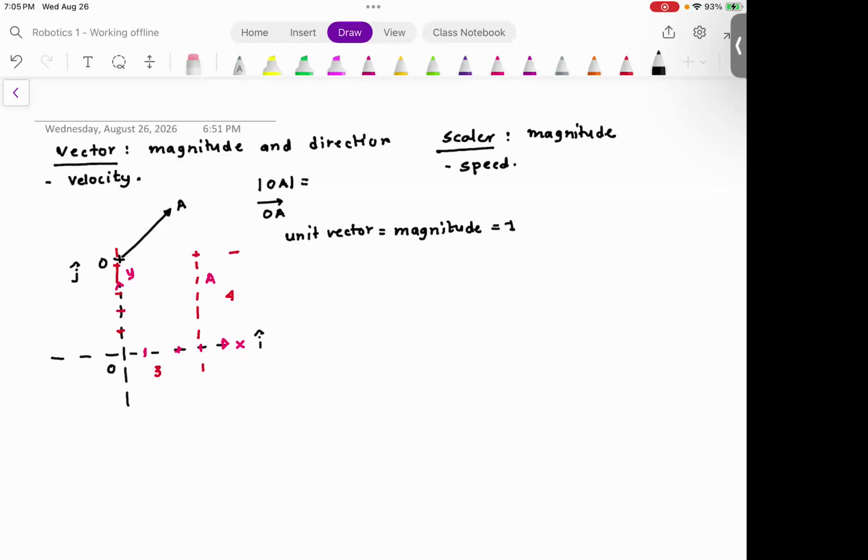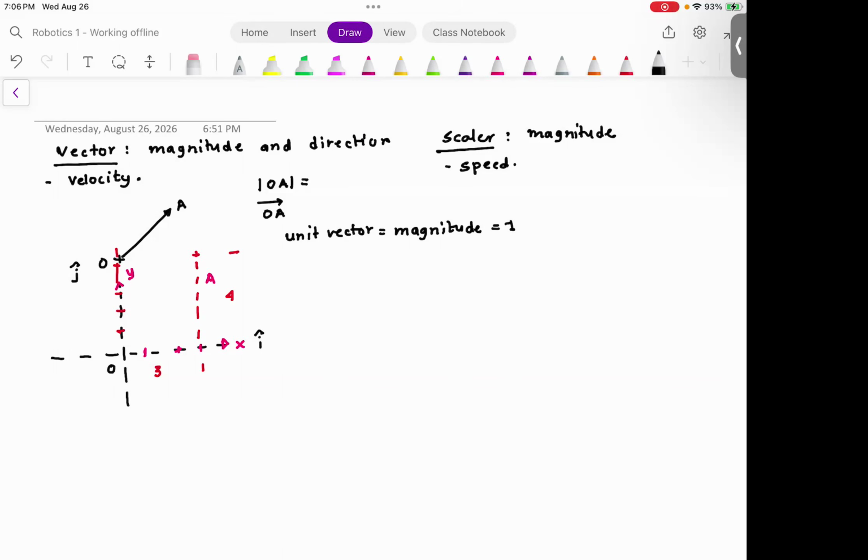So if you travel 1 unit in I direction, you can say 1I, 2 units in I direction, 2I, 3 units, 3I. Similarly, you can have a unit vector in y direction, which is J. So 1 unit in J direction, 1J, 2J, 3J, and 4J. Everyone understood this?